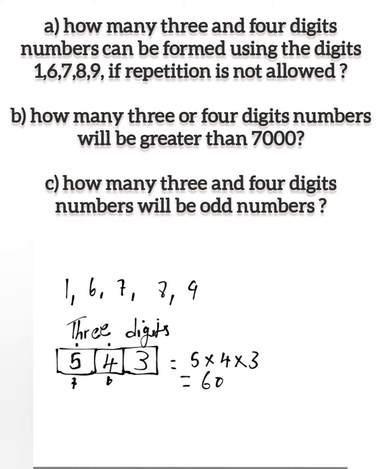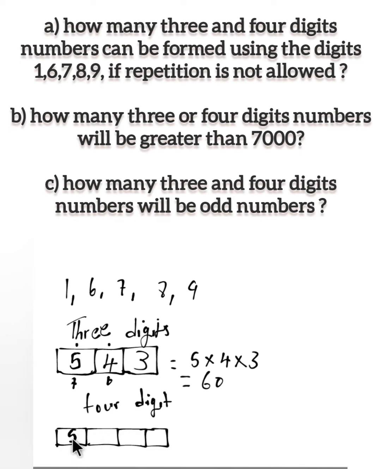So now let's proceed to 4-digit numbers. In 4 digits, we're going to create 4 slots. Now this will be the thousands, hundreds, tens and units. Now, how many of these numbers can appear in the 4 slots? Of course, any of the 5 can appear here.